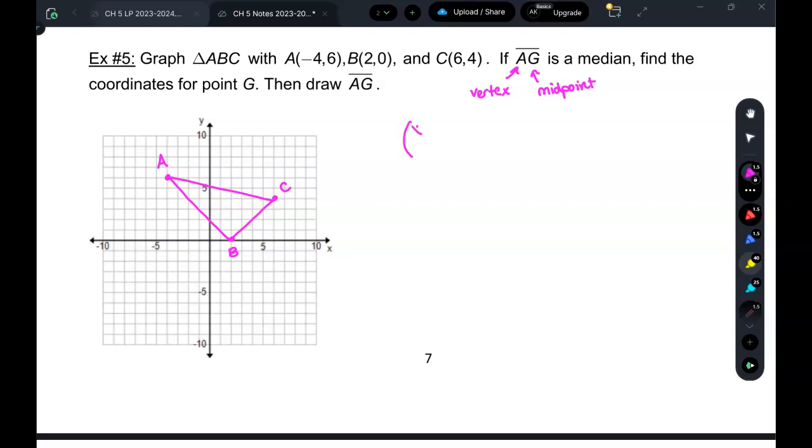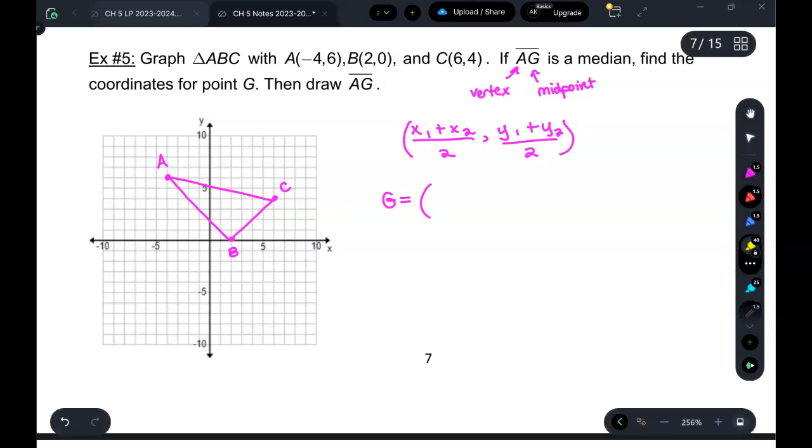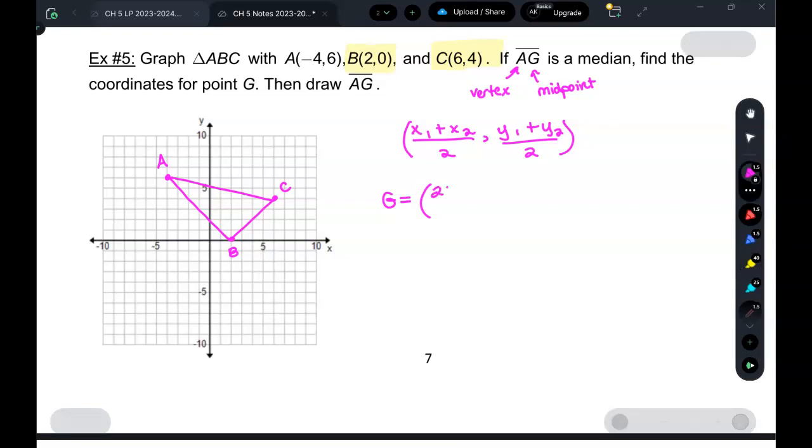It's been a while since we've done midpoint, so let's remind ourselves: x1 plus x2 over 2, comma, y1 plus y2 over 2. I'm just using B and C. So I have 2 plus 6 over 2 and 0 plus 4 over 2.